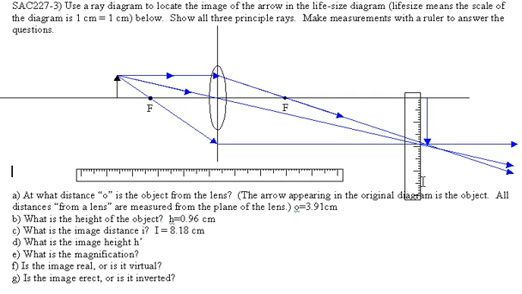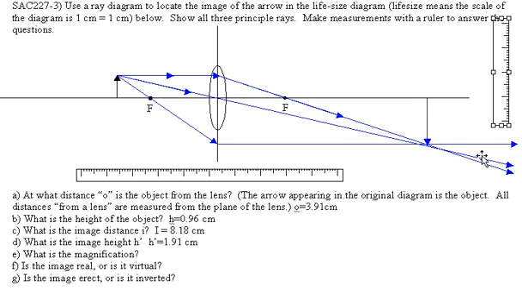So 1 point, a little bit more than 1.9, 1.91, I'll call it. So h prime equals 1.91 centimeters. This ruler is marked off in centimeters.